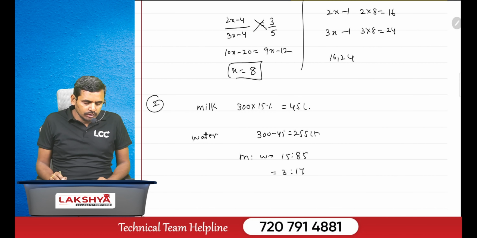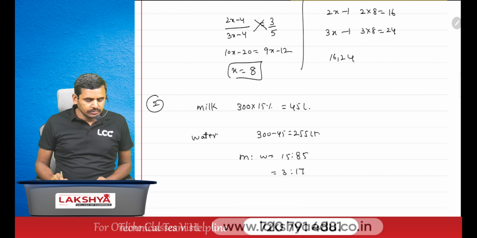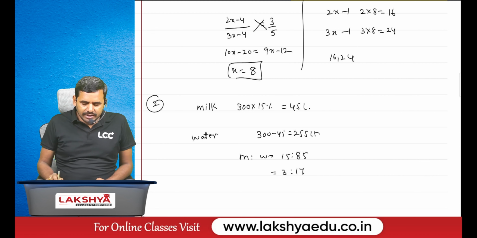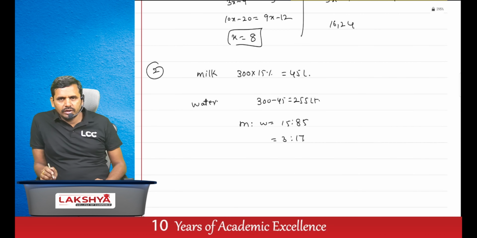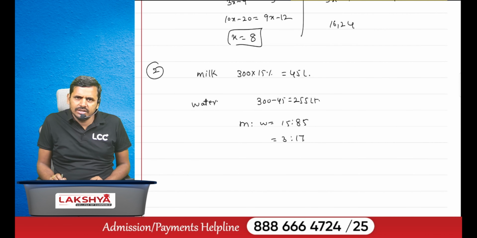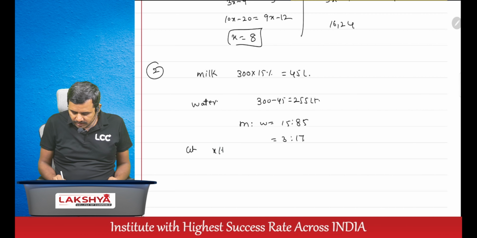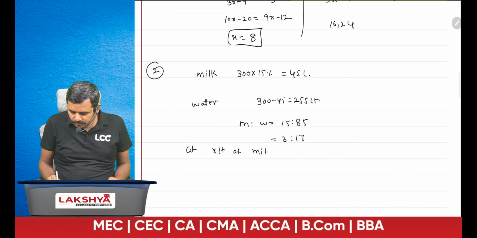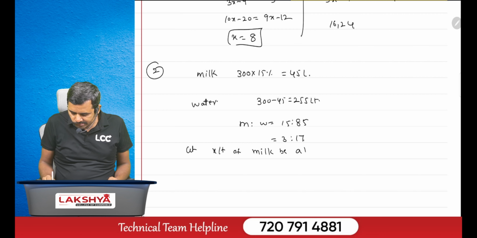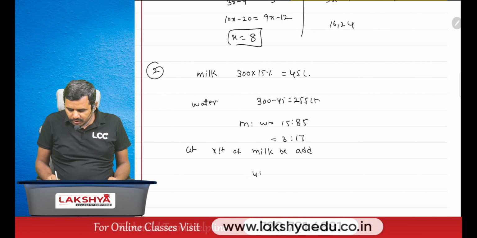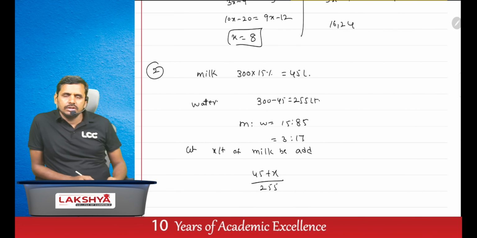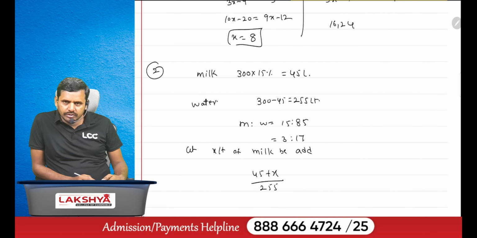Now the question is how much milk is to be added. Initially, the milk is 45 liters. Let x liters of milk be added. Then the milk is 45 plus x, but the water content does not change, it is as usual 255.